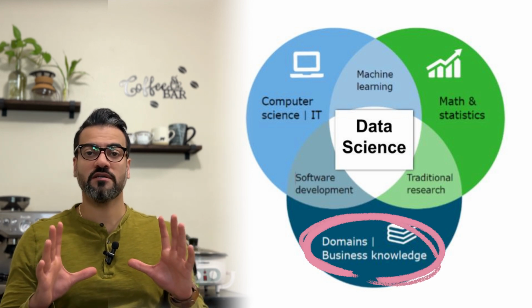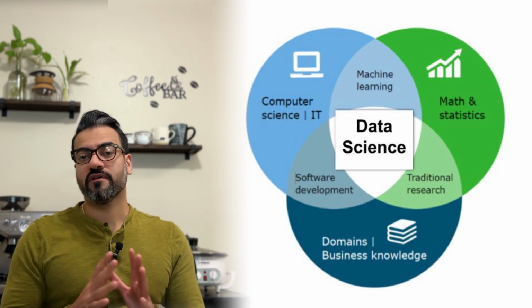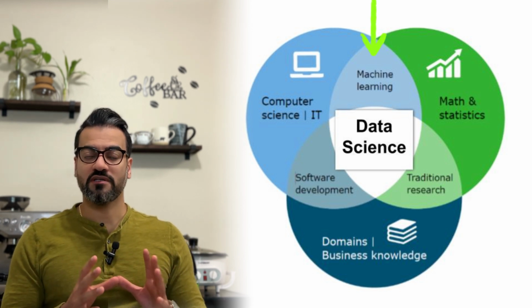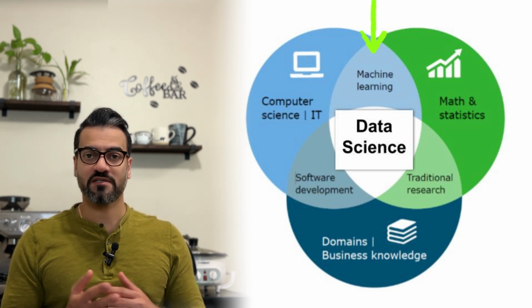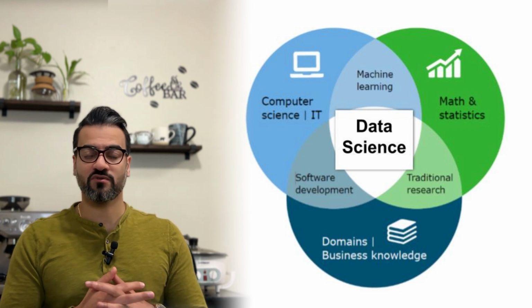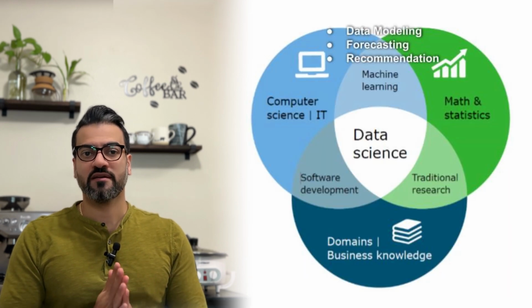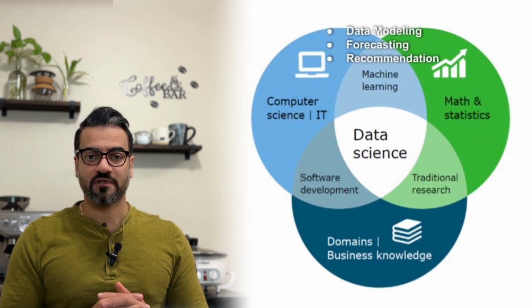So with these three aspects, when you combine software and statistics, you get machine learning, where you have optimizations for, let's say, marketing campaign optimizations or inventory optimizations, sales forecasting. You have data modeling for predictions, price predictions, for example.